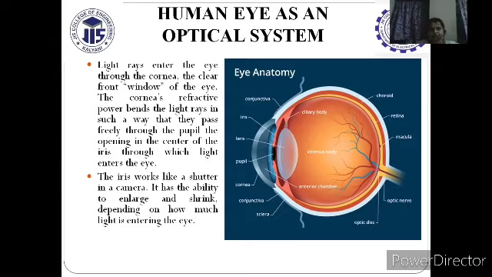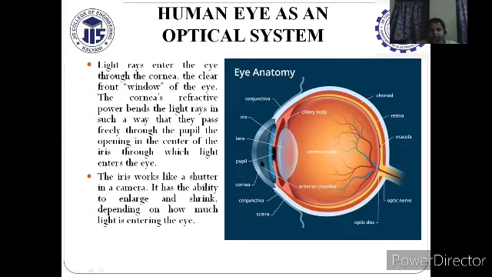The cornea's refractive power bends the light rays in such a way that they pass freely through the pupil, an opening in the center of the iris through which light enters the eye. So first light enters through the cornea.